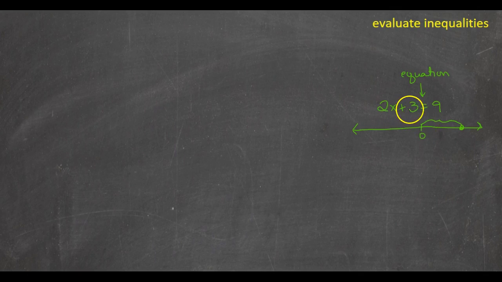So whatever 2x plus 3 equals, I have to find that magic x that makes the whole left-hand side equal 9, because they're equal to each other. They're exactly the same size, exactly the same value.